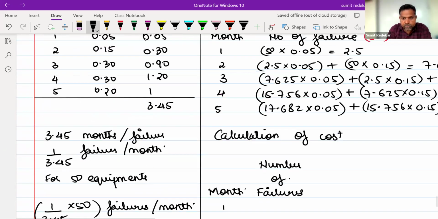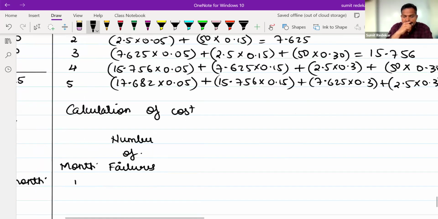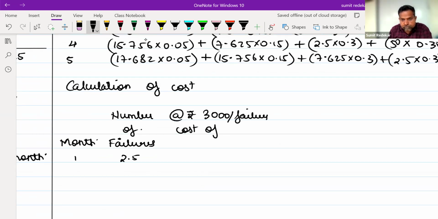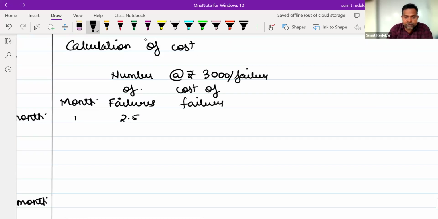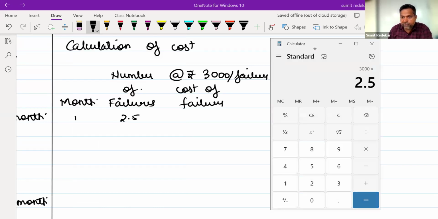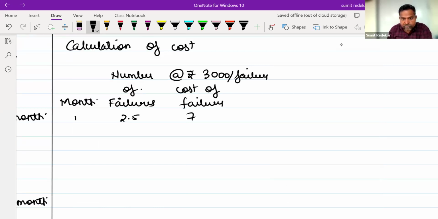So number of failures in the first month is 2.5. At rupees 3,000 per failure, cost of failure is going to be 3,000 into 2.5, which is going to be 7,500.